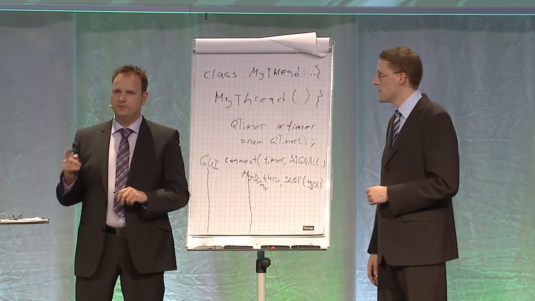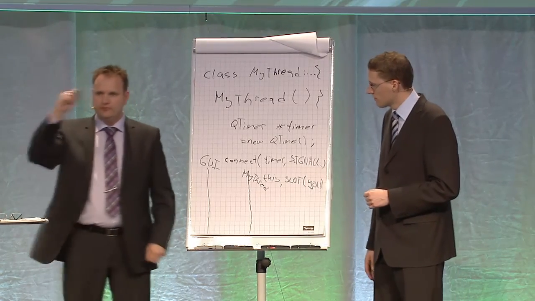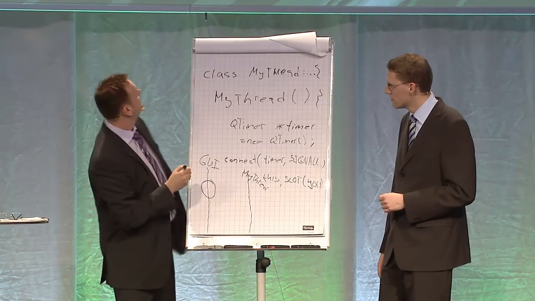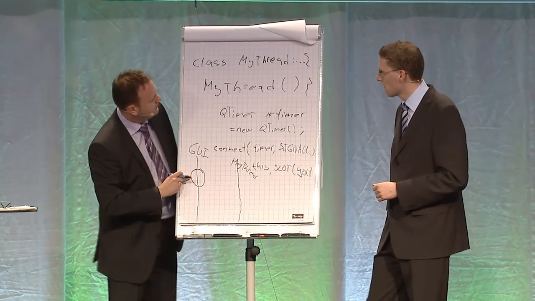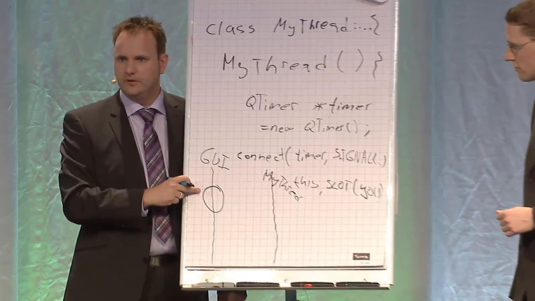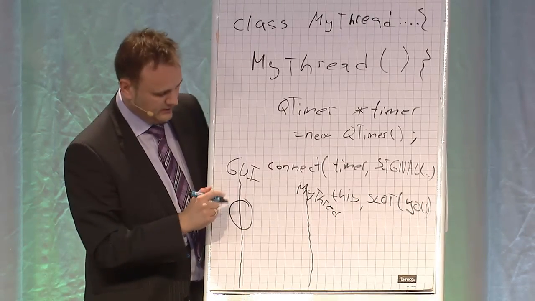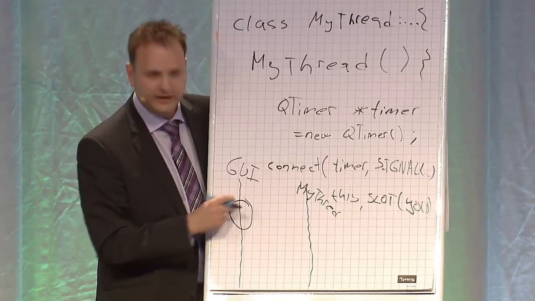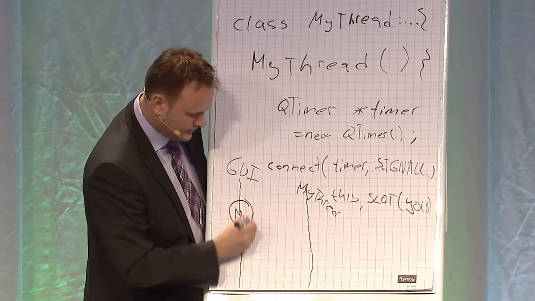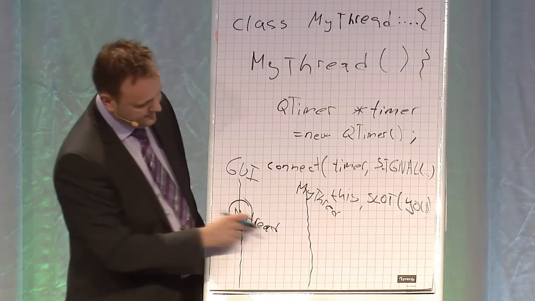Just to make sure you all, including me, understand this, I will make two circles here. This circle here is my thread. My thread is a QObject subclass. It's a subclass of QThread, which is a subclass of QObject. So my thread is living here, belonging to this main class here.